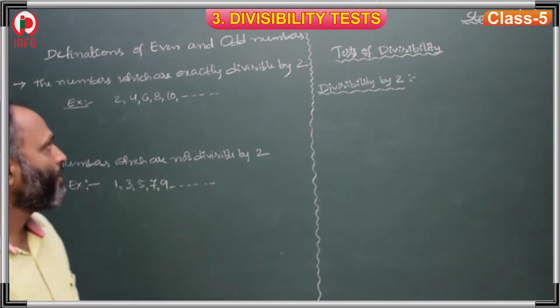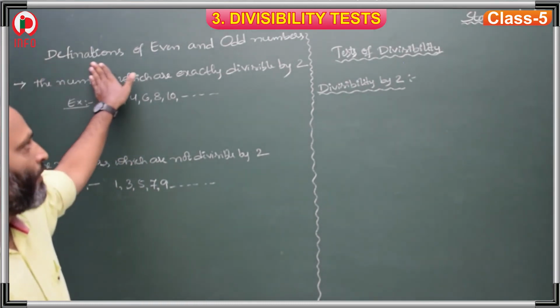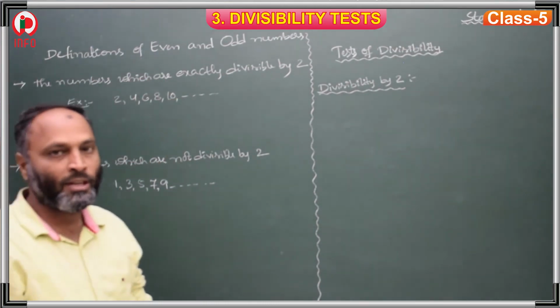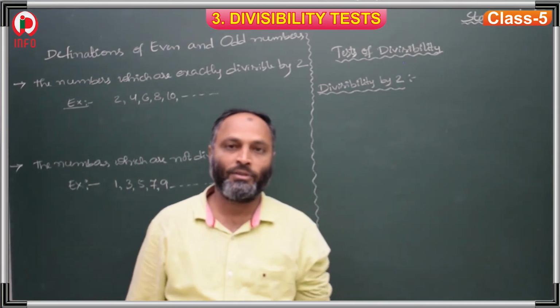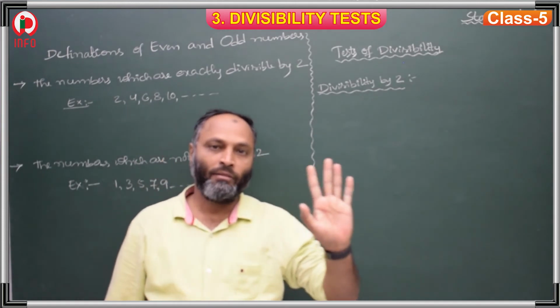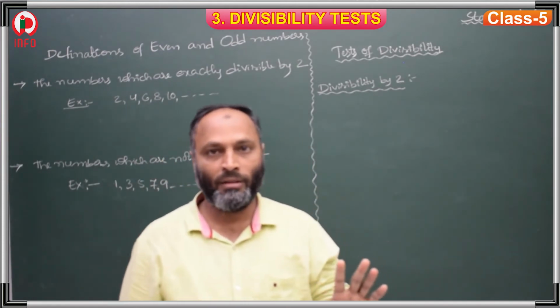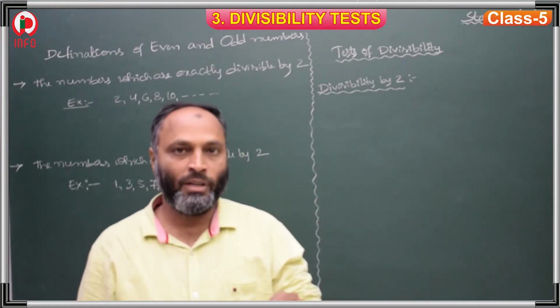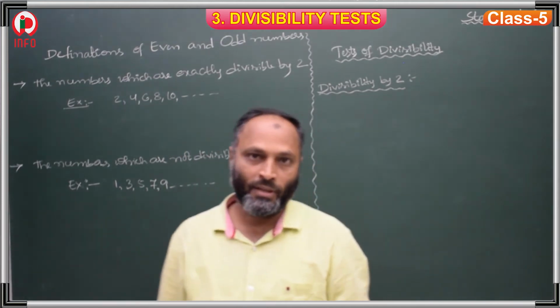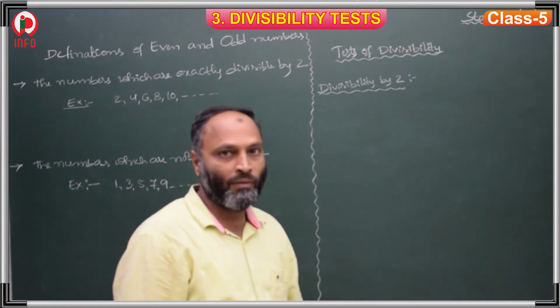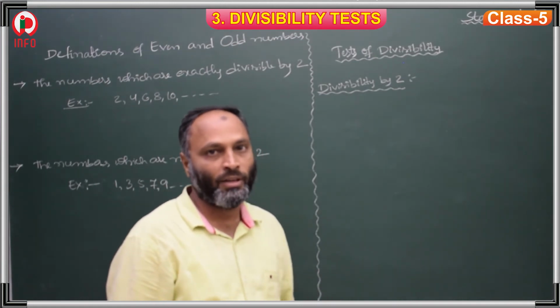Yes, now students, the definition of even numbers and odd numbers. So what about even numbers and what about odd numbers? In earlier classes, in 3rd class and 4th class, we discussed even numbers and odd numbers. Again here we are going to discuss the even number definition and the odd number definition.